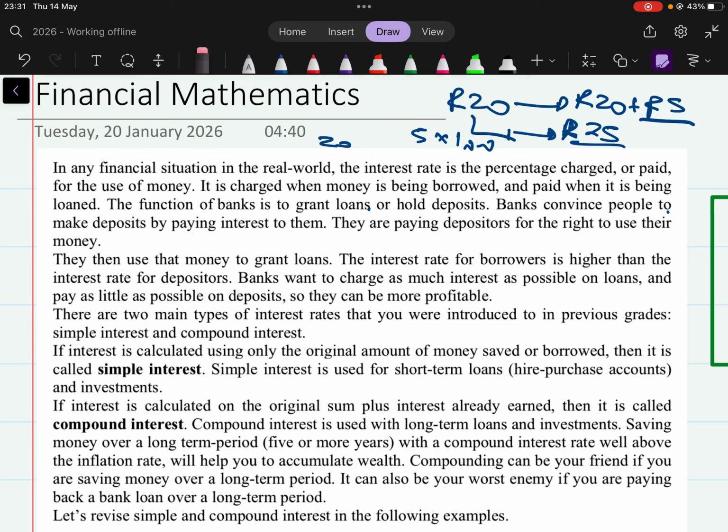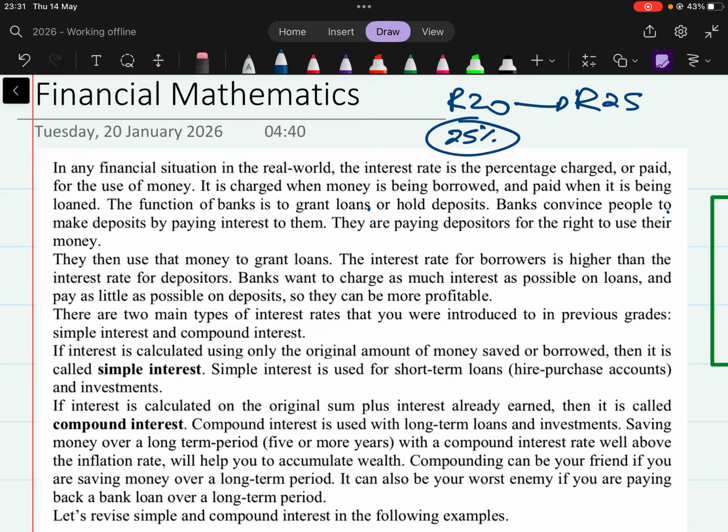So if we were to agree that you need to pay me 25% interest rate for using my 20 rand, that means when you bring my 20 rand, it must come back as 25 rand, because we've agreed that you need to pay 25%.